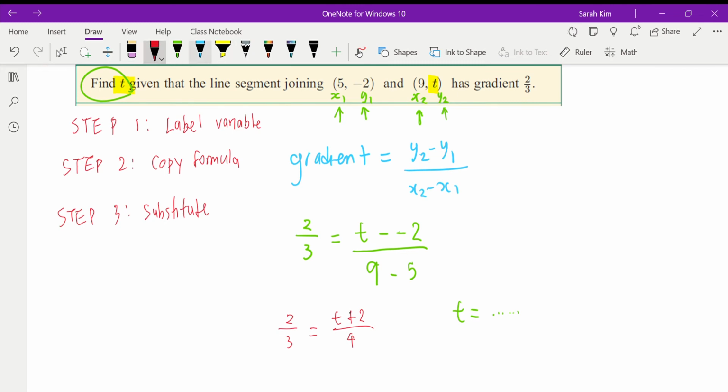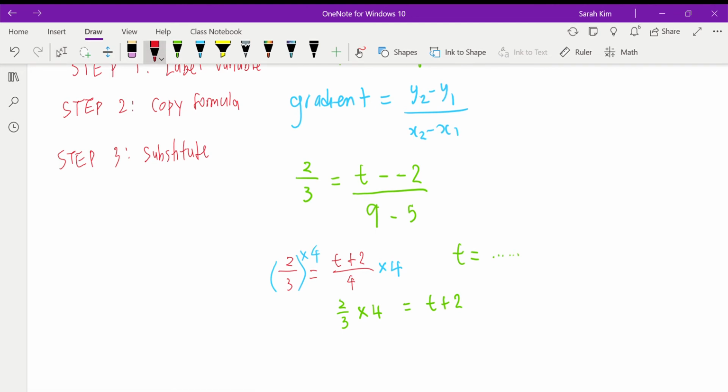Okay, so let's start with the first thing. Well, first of all, t plus 2 divided by 4. What's furthest away from t? This is what the whole last topic was about. You've got to get rid of the divide 4, so you've got to do times 4. Okay, so I've got 2 over 3 times 4 equals t plus 2. Right, almost there.